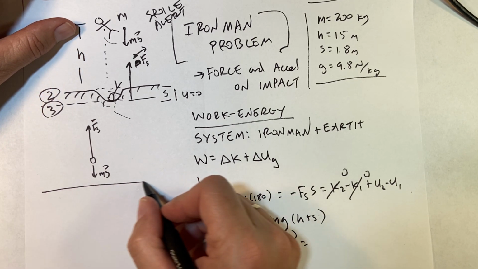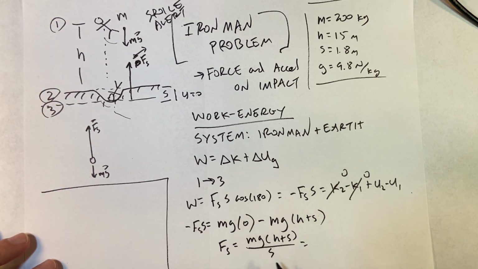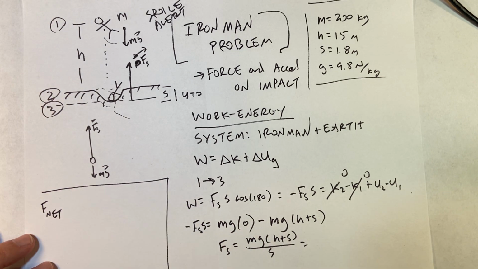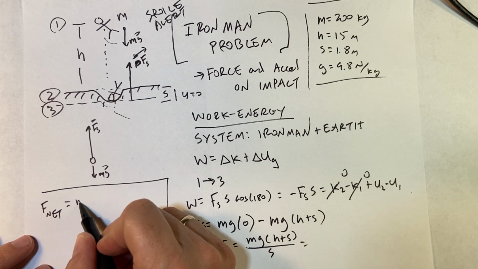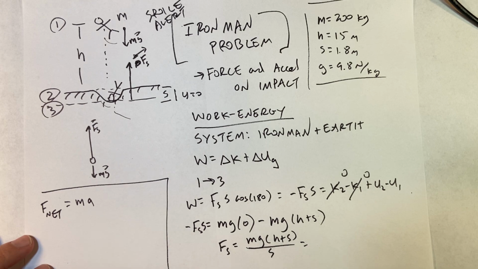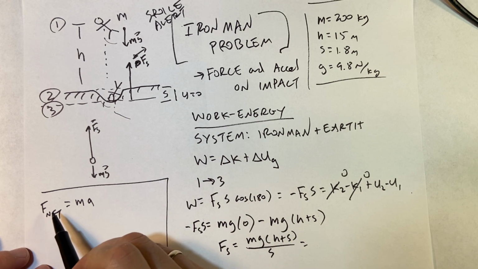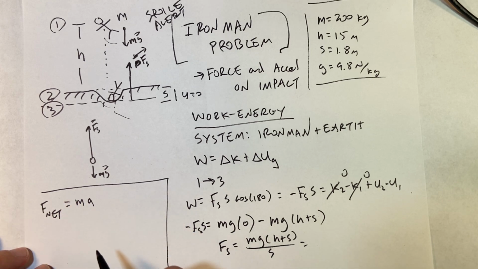But also, look, I can do this one on one page. I can also calculate the acceleration. F net equals ma. This one is a little bit tougher, but let's do it anyway. Okay, in the y direction, this is one dimensional.